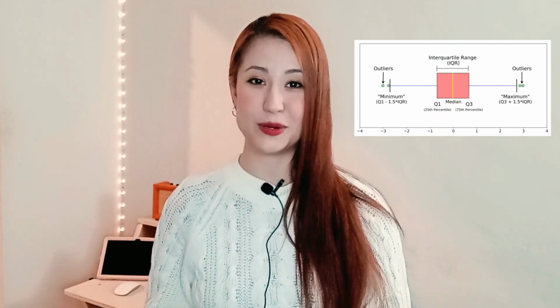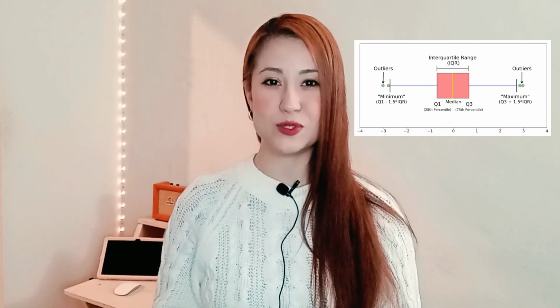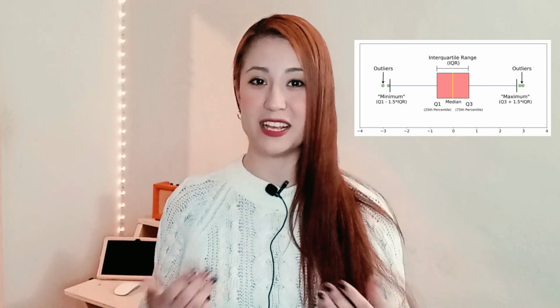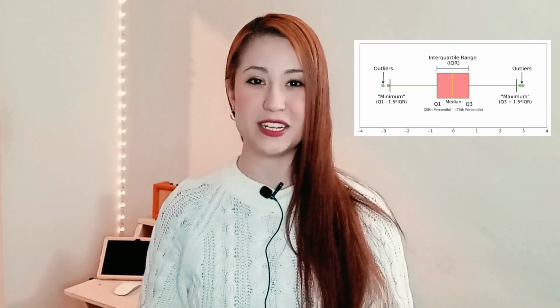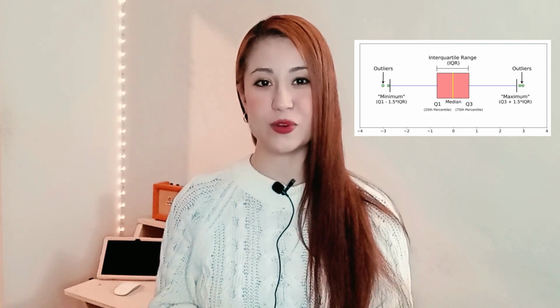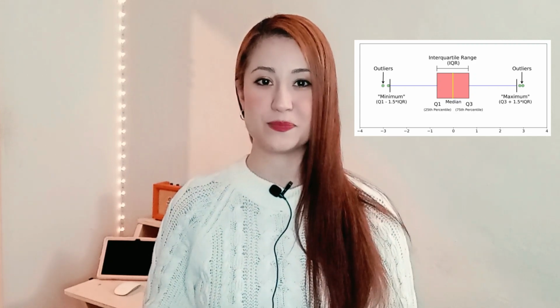A box plot, also known as a box and whisker plot, is a type of graph used to display the distribution of a dataset. It displays the median, quartiles, and outliers of the data in a compact format. In a box plot, the main box shows the interquartile range, which is the range between the first and third quartiles. The median of the data is shown as a line inside the box.